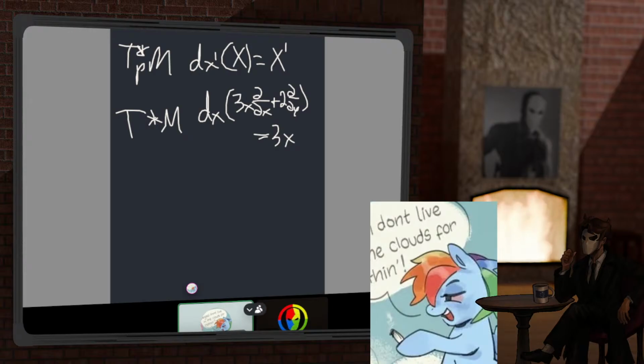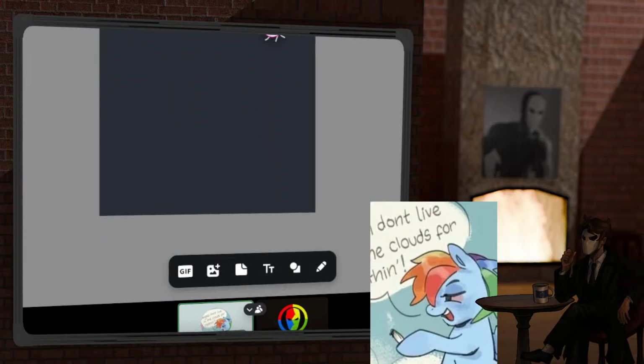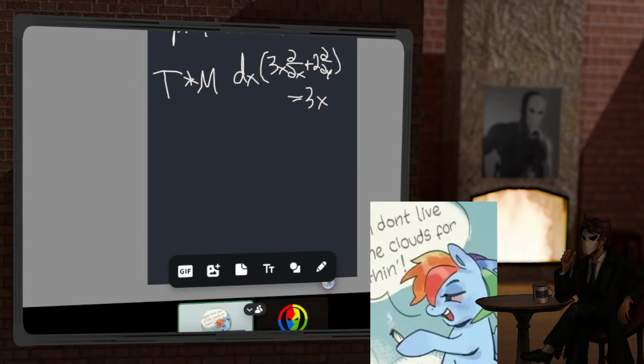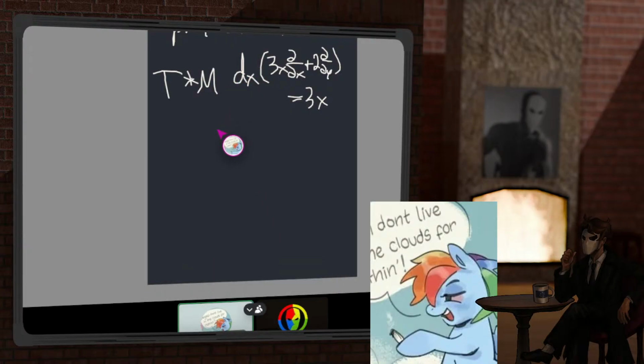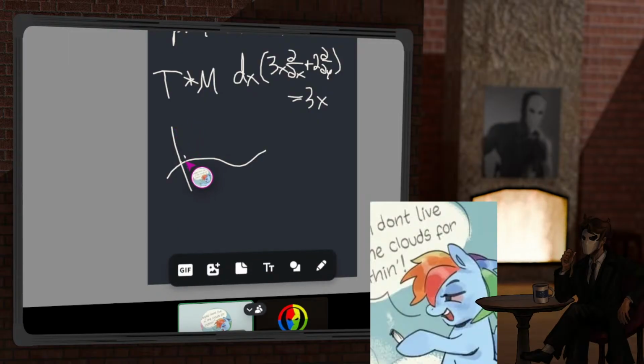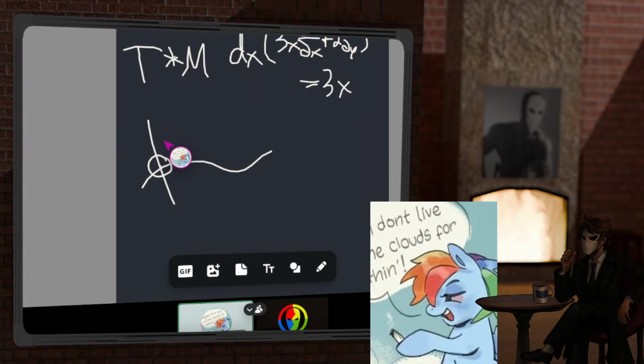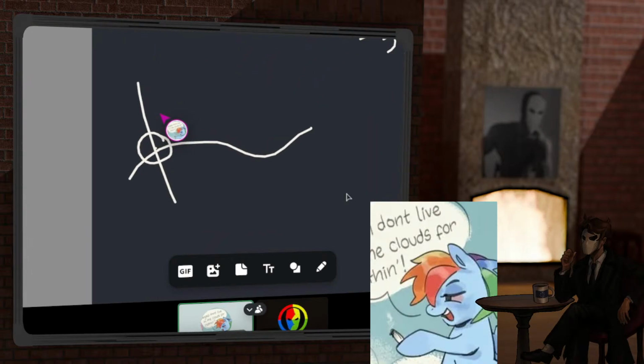Basically, the premise of a vector bundle is, if you have some space, I'm just going to draw a curve here, at every point you can assign a vector space where, if you zoom in, it's locally just a product of the vector space and the topological space that you're on.